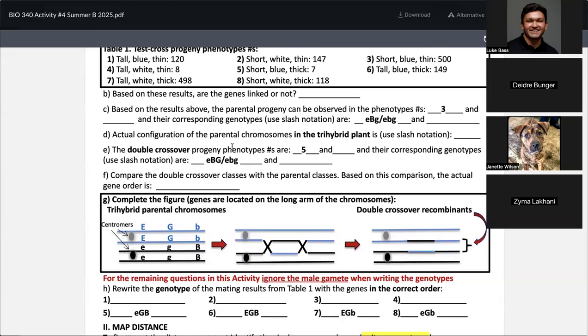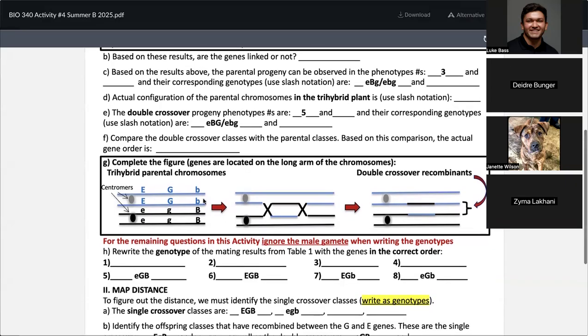So you're looking for what genes do change and the ones that don't. Yes, because the only genes that change are the ones on the ends.